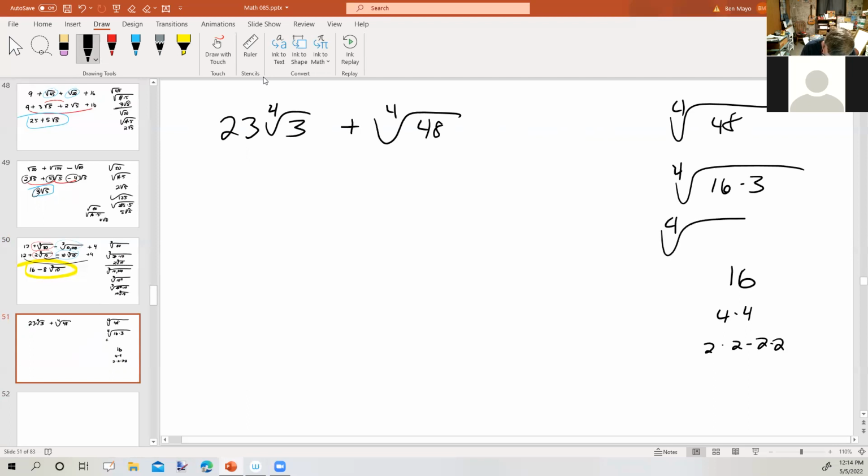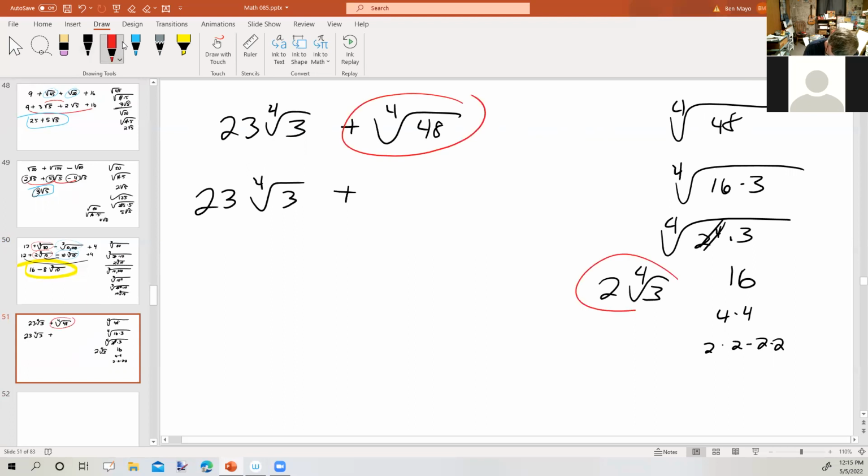So that's the fourth root of 2 to the 4th times 3. The fourth root of 2 to the 4th is a 2 outside. So basically what I can do is change this into that by simplifying the radical. Now they are like radicals, and you'd have 25 fourth roots of 3.